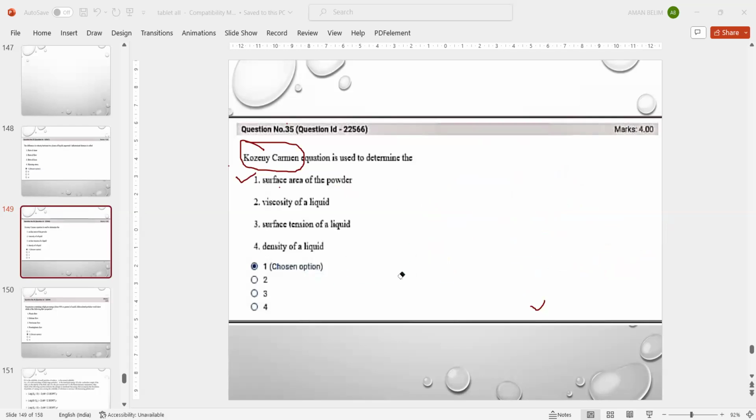Mercury displacement and gas displacement. Very good, very good. And for which density is mercury displacement used, and for which density is gas displacement used? For true density, which displacement technique will we use?